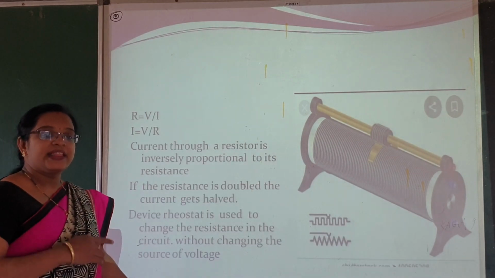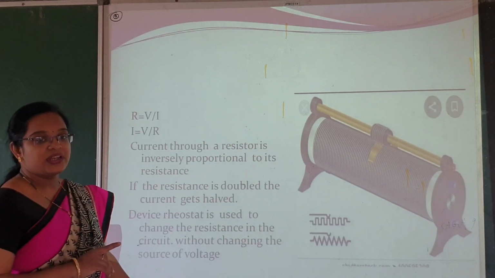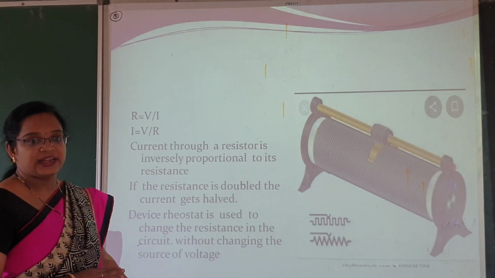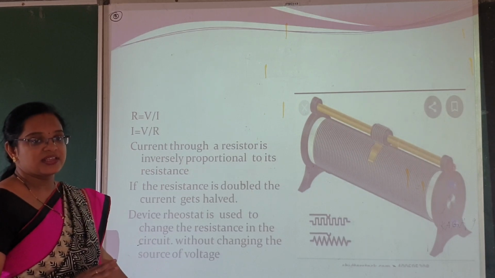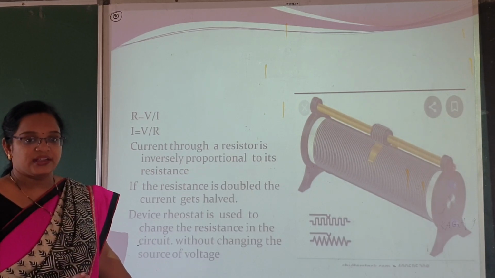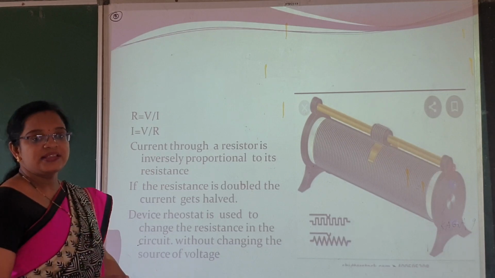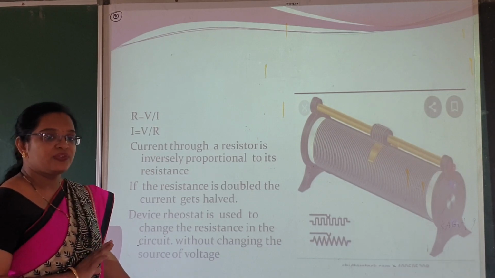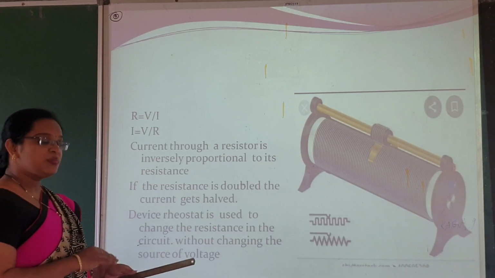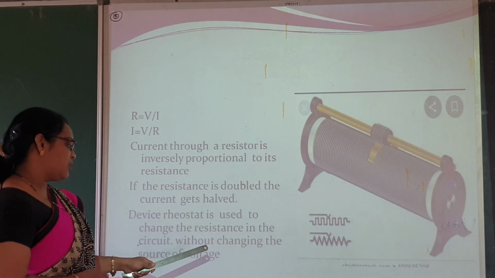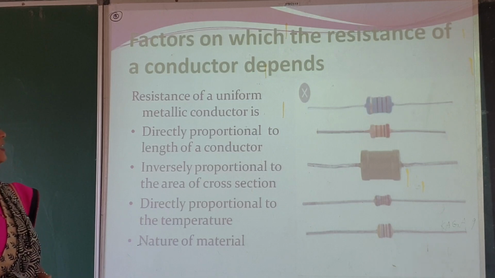That's why, to call a metal a good conductor, it should have less resistance. Copper is called a good conductor because it has less resistance. The opposition for the flow of current is very less in a conductor, and a few metals have more opposition for the flow of current.